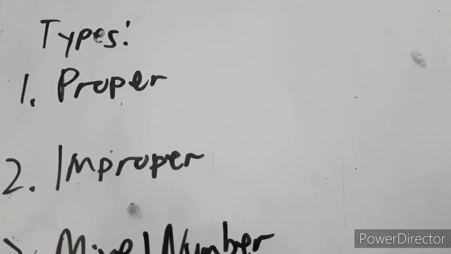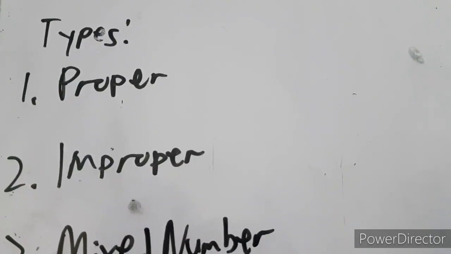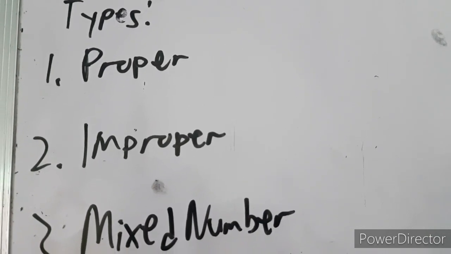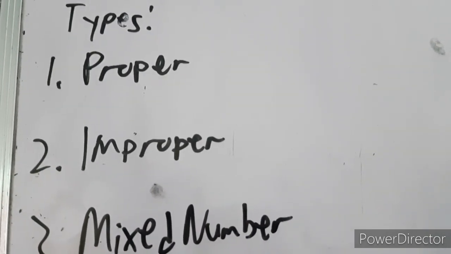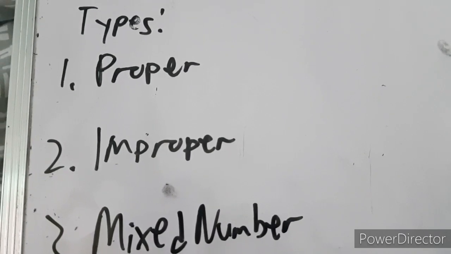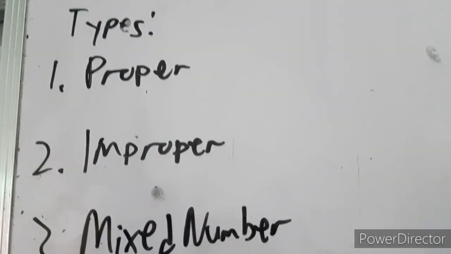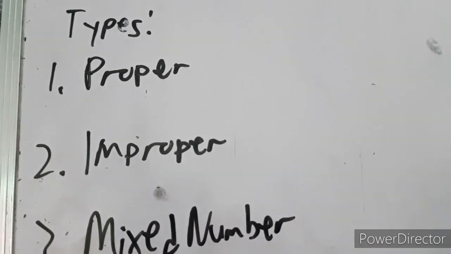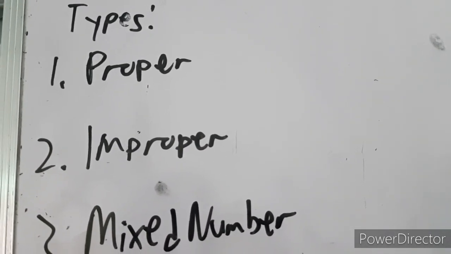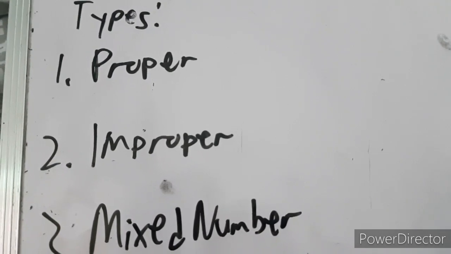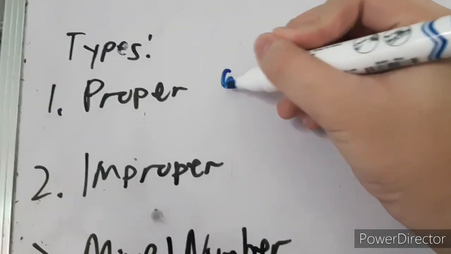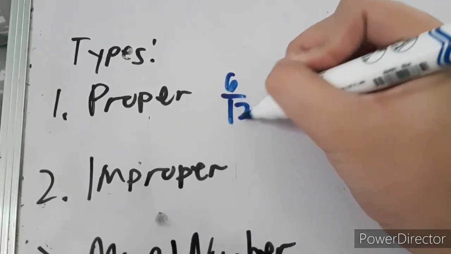Ayan guys. So, bakit tinawag po siyang proper fraction? Kasi po, ang proper fraction ay ang fraction na proper siya. Kasi dahil sa numerator, mas maliit kaysa sa denominator. So, bibigay ito ng example. 6 over 12.